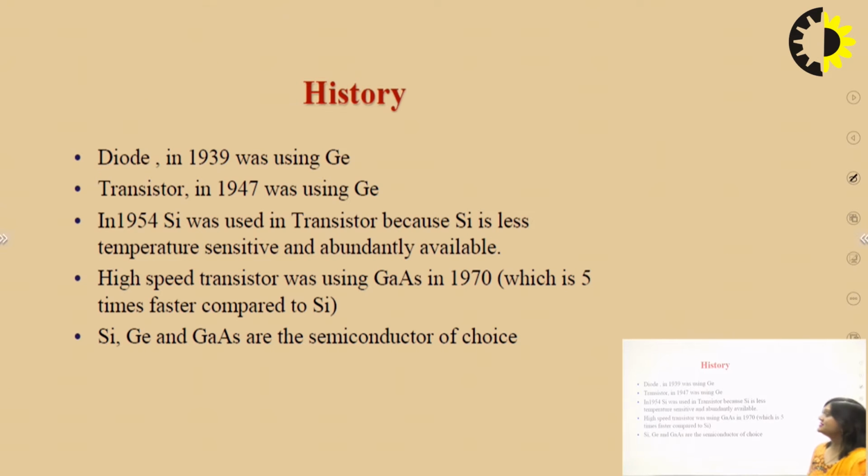In the last slide I told you that in 1939 germanium was used. Then in 1947 to 1954, silicon was preferred for designing electronic devices, and after that in 1970 gallium arsenide was preferred.